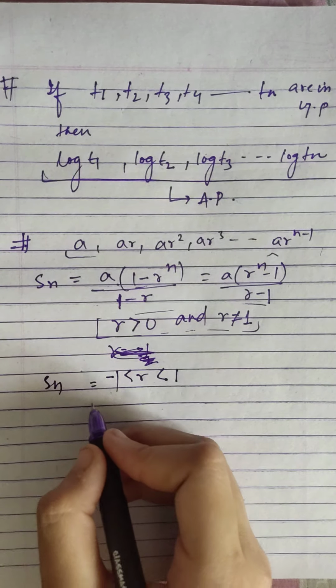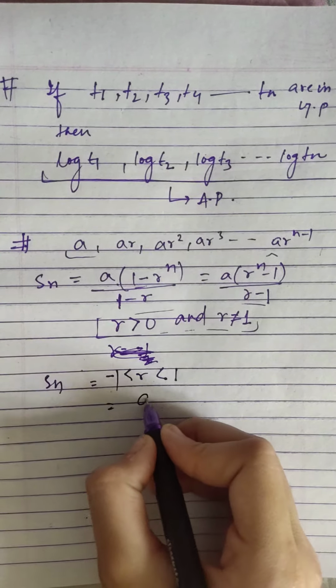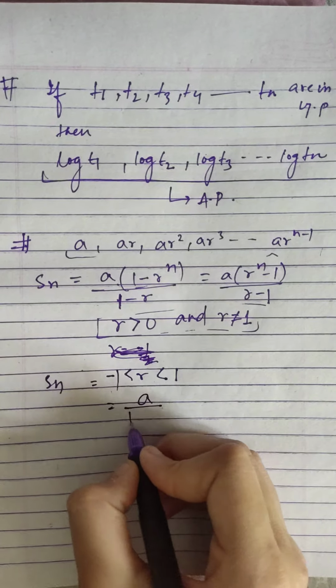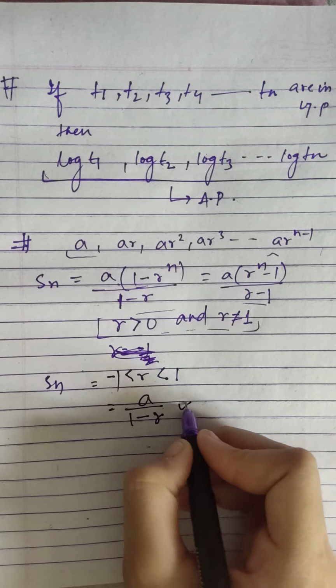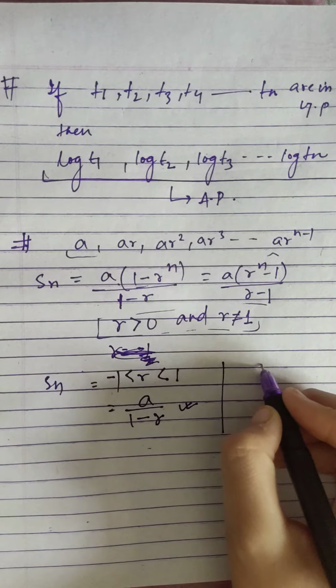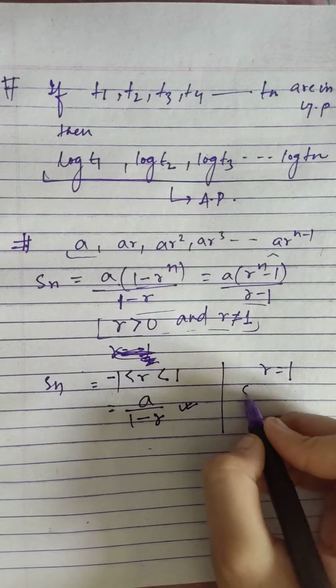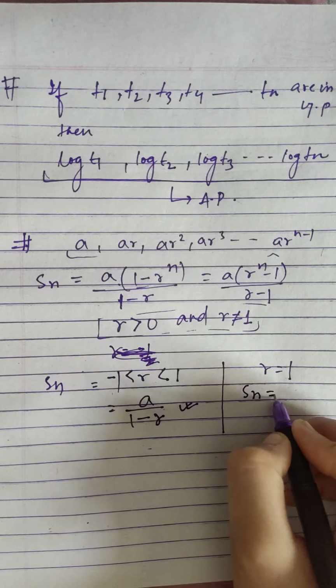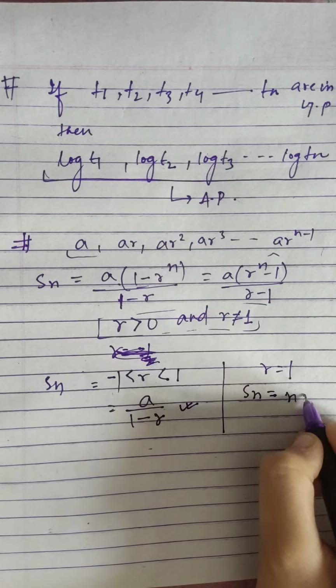In that case, our Sn is simply A upon 1 minus R. And if our R is equal to 1, then Sn is simply going to be n times A.